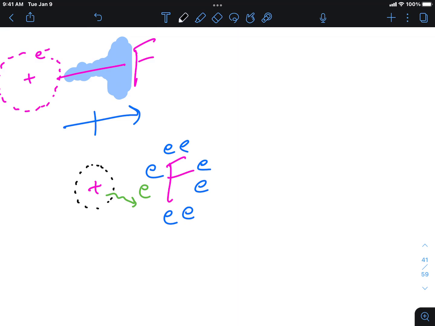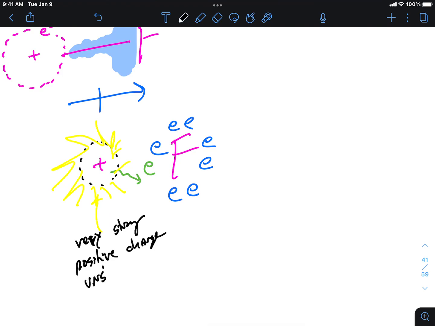And so now we have this really positive charge. It's like a beacon. It's a very, very strong positive charge that is unshielded. And because that side of the molecule is so positive, it strongly attracts the negative side of molecules more than usual.